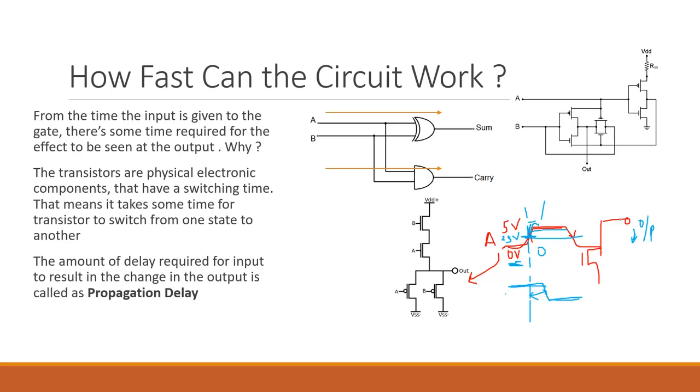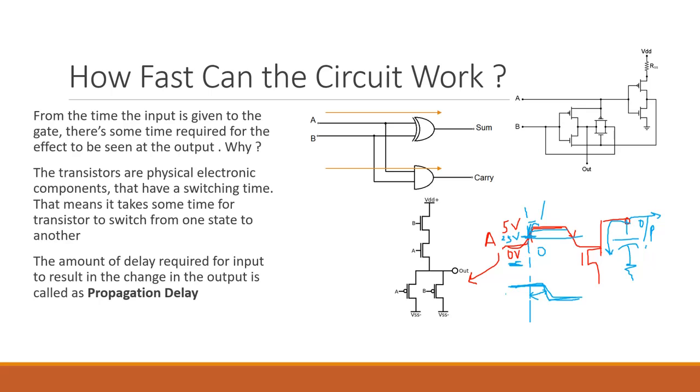In reality there will be a load over here, which is, sorry, not a resistor, it's a capacitance load. The output that we see is the voltage across this capacitor. Let me make it clear. There is a capacitor over here, and when the input changes from 0 to 5 volts, the capacitor starts dissipating.